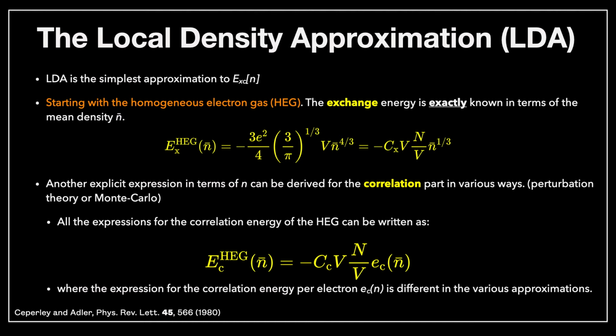So we have this seemingly very simple description of exchange correlation in LDA. And then we know that it's an approximation. We know that most systems do not have a homogeneous electron gas description, but we find that it's very reassuring that these results are exact for the homogeneous electron gas.